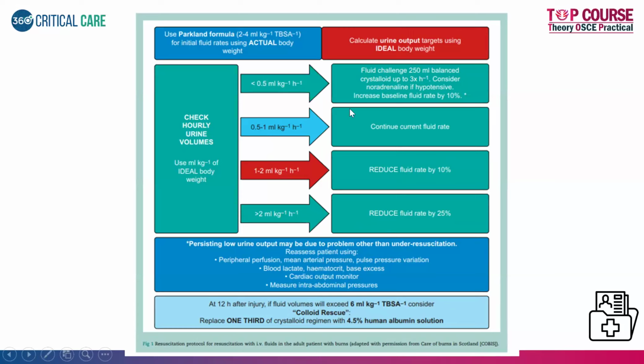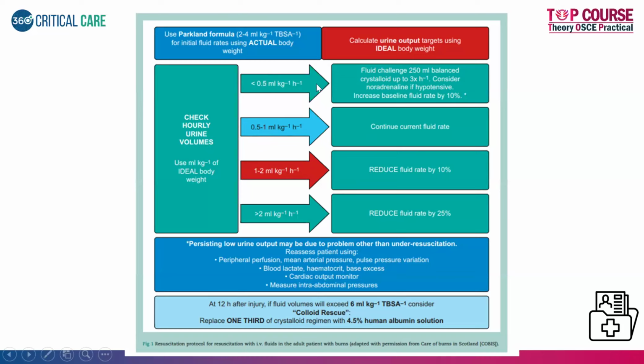So starting again, you take the patient's weight. Then use Parkland's formula: 2 ml per kg body weight per percent total body surface area of burns involved. If you calculate that and start off with the first 8-hour management, you have to check the urine output every hour. If the urine output is between 0.5 and 1 ml per kg per hour, continue with the same calculation you started with.